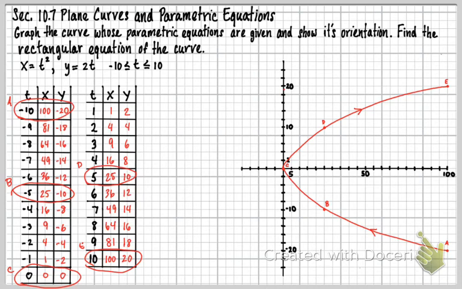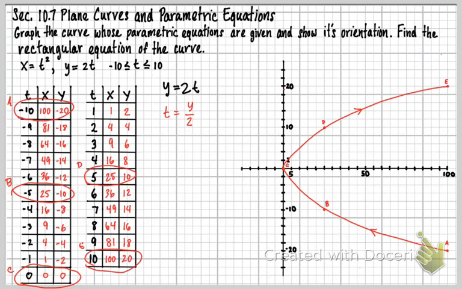So we know x equals t squared and y equals 2t. In essence, what I do is take one of the equations and solve it for t. I look at the second equation, y equals 2t, and I can solve this one for t very quickly. I just divide by 2, so t equals y over 2.